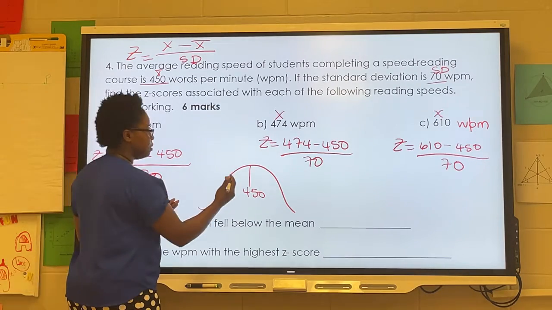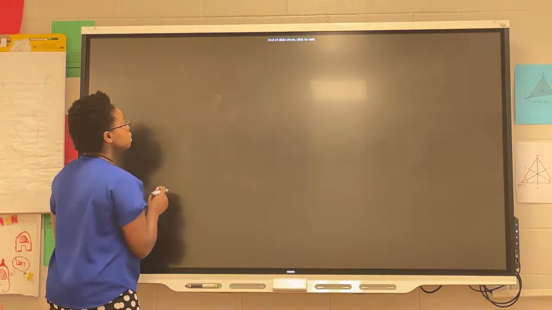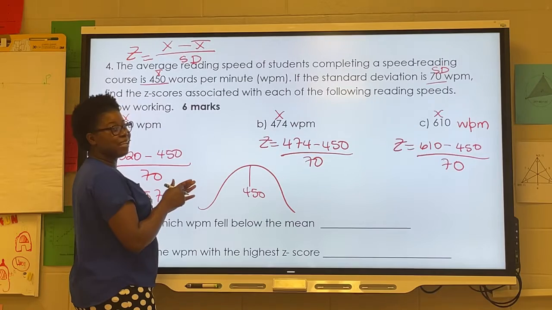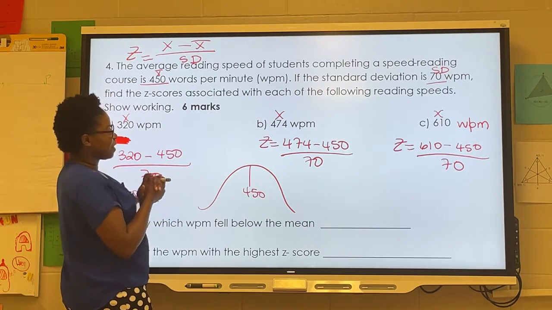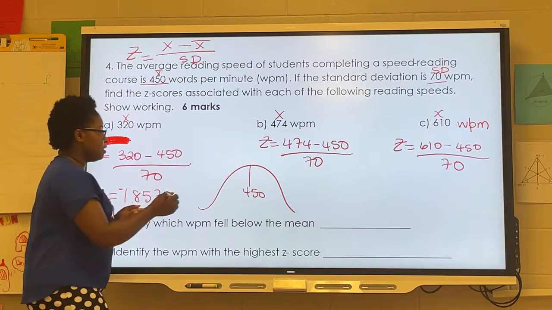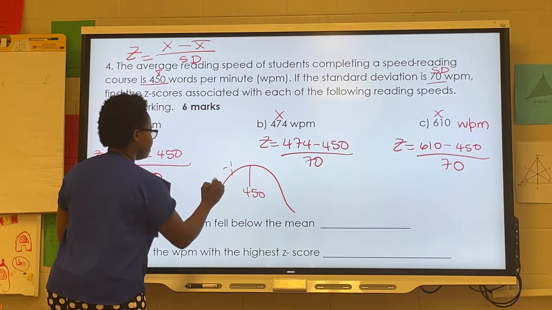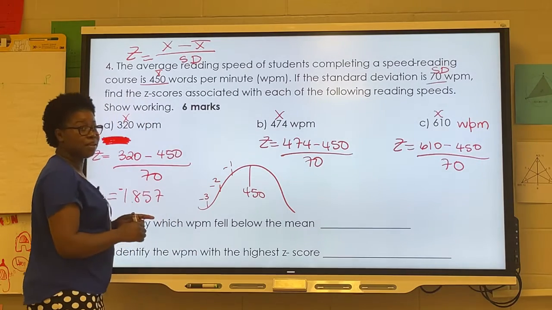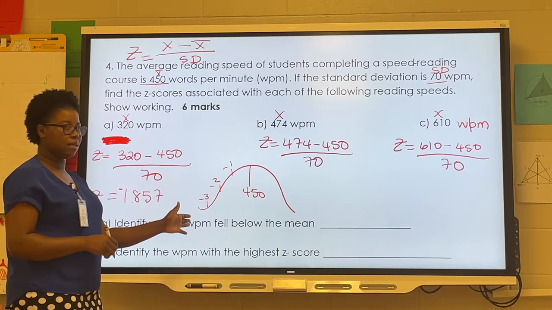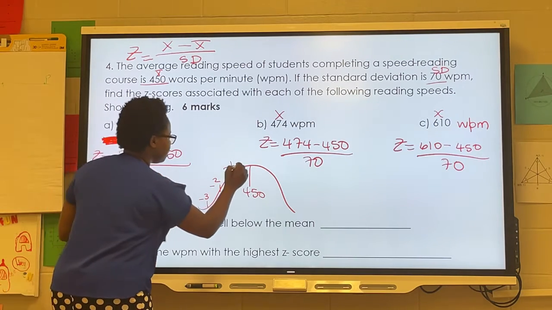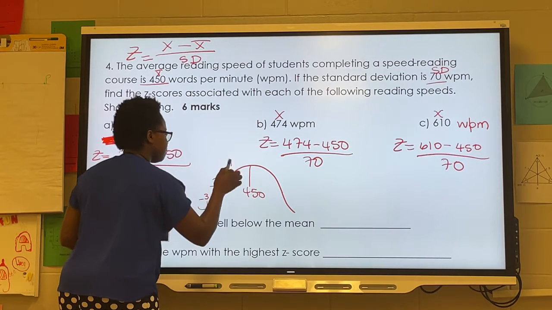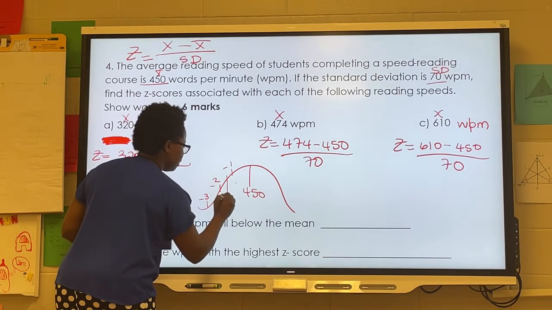So it is on the negative section of your bell curve, which means your z value is going to be negative, because in this region all the z values are negative. 320 is less than 450, so it's going to be somewhere down here.